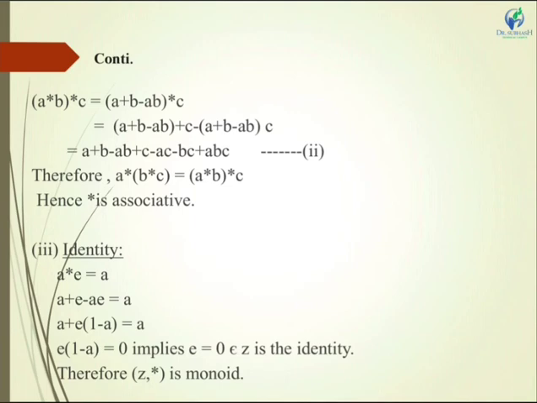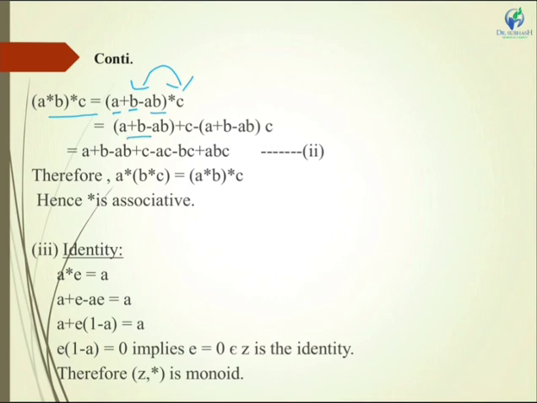Now next is (a * b) * c. I am taking the other part. Now first I will apply star on the first a and b. So I get addition of two, a and b, minus multiplication of ab, star c. Now I will use the binary operation on these two elements.